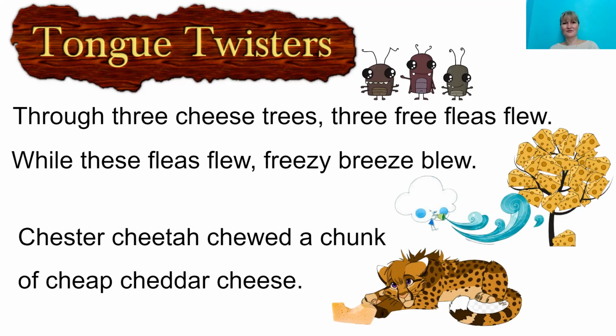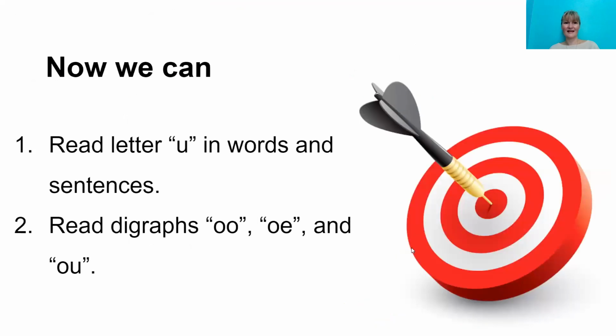You can also try to translate and find those words with a letter U and figure out how we read that letter U. And now I hope you guys can actually read letter U in words and sentences, and also read the digraphs, double O, OE, and OU.